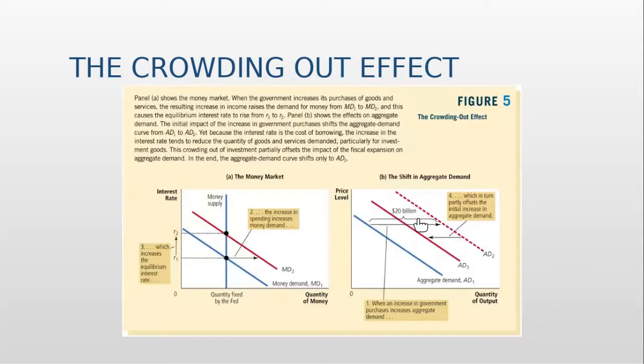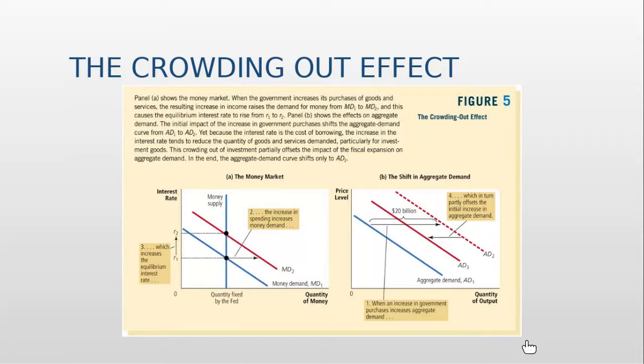So graphically, we can see the idea here. If the government chooses to spur aggregate demand by increasing their purchases, this ultimately leads to, one, a higher price level, which in turn leads to an increase in spending, which then increases the monetary demand. So we have a rightward shift in monetary demand.